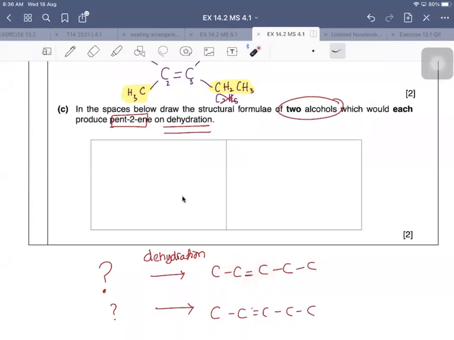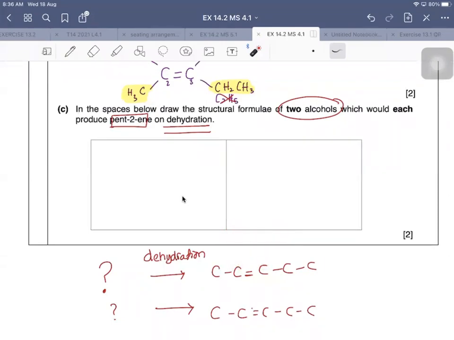One carbon will get a hydrogen and the other carbon will get an OH. You can't just add H2O like that. It has to be one being added a hydrogen and the other one being added the OH.